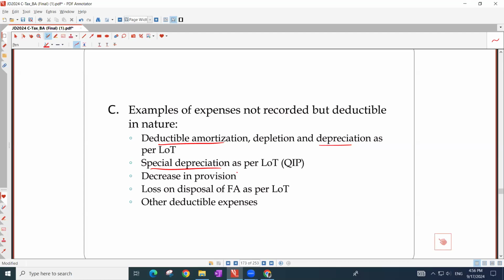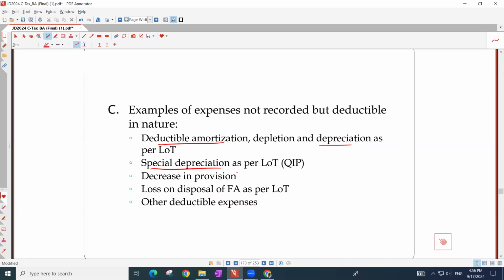So the provision is decreased, which means we anticipated a loss that we recorded last year, but it seems now the loss is no more a loss. The client paid our bill. Then you make an adjustment in accounting by adjusting the provision accounts.